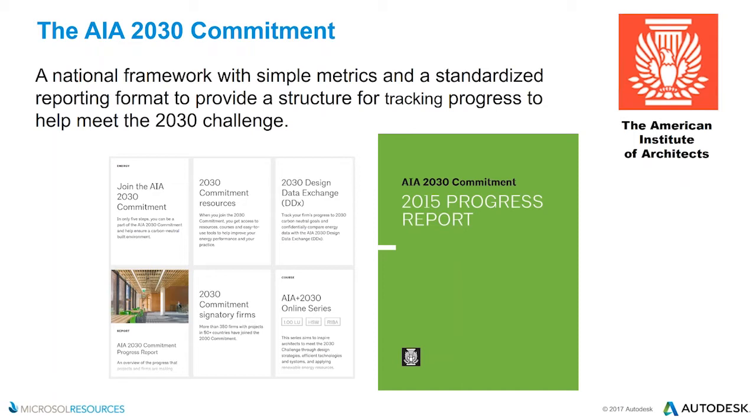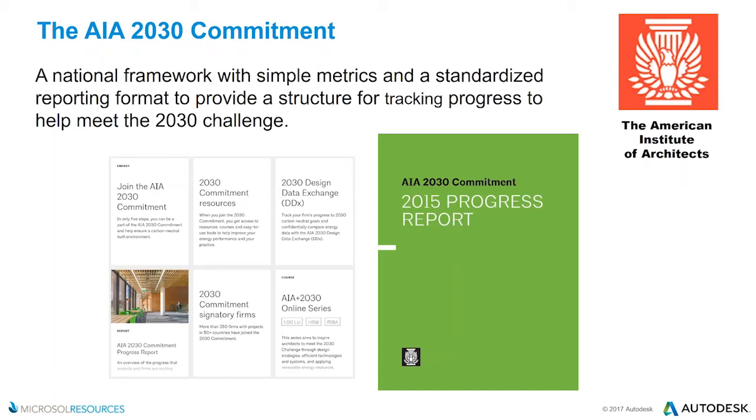If you go to the AIA's own website, you'll see they have a number of different resources for you. First of all, if you're not already a signatory, you can sign up. There are a number of training resources. They produce an annual report every year, which I'm going to share some information on, so you can see where we're at with the state of the industry and also some of the challenges people are having and opportunities.